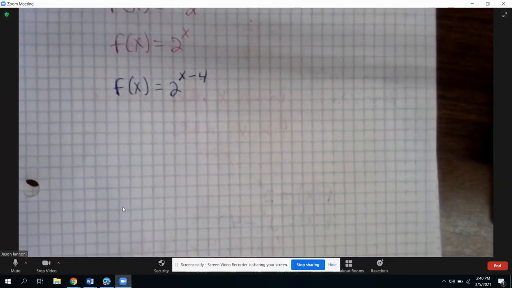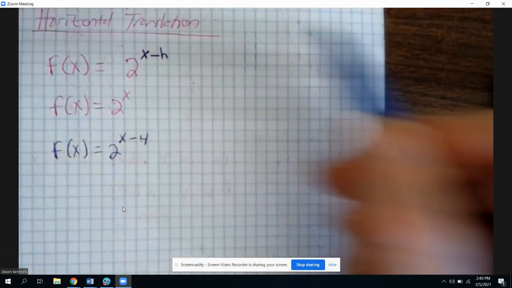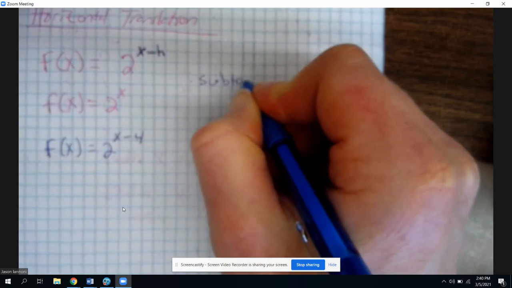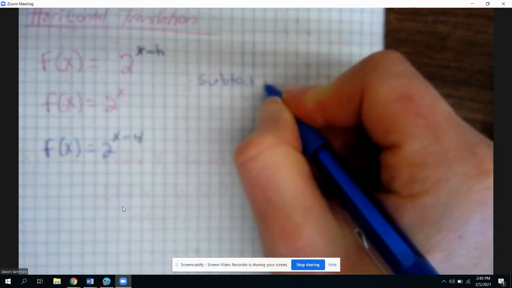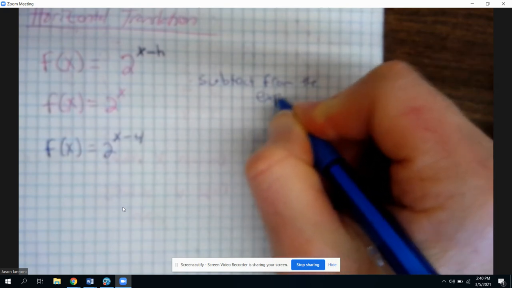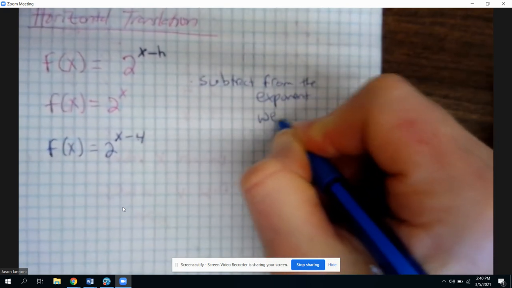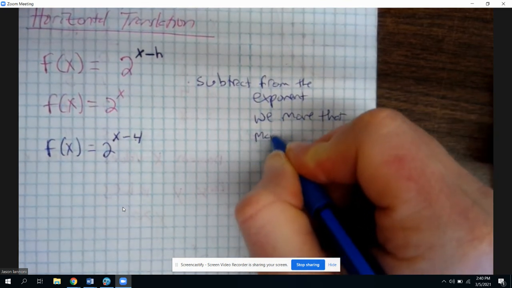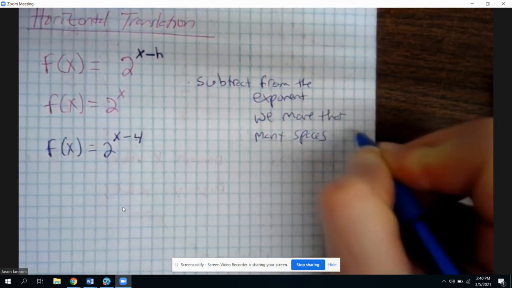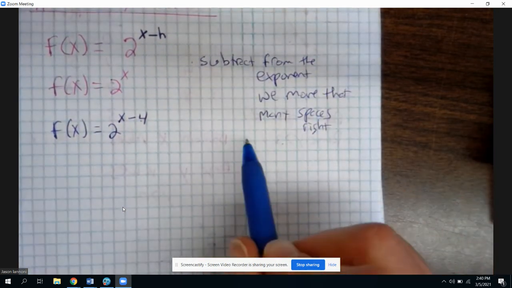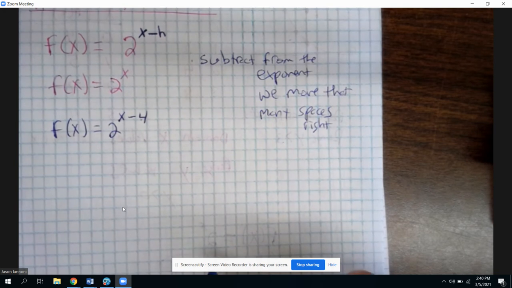Okay. So in this horizontal translation, x minus h, when we subtract from the exponent, we move that many spaces right. Okay, so you would think that it would go left, but when we subtract, it means move right.